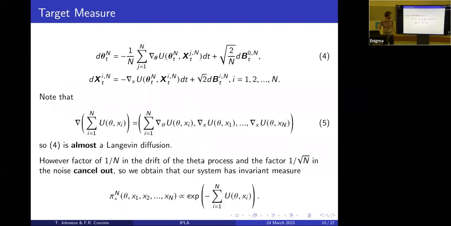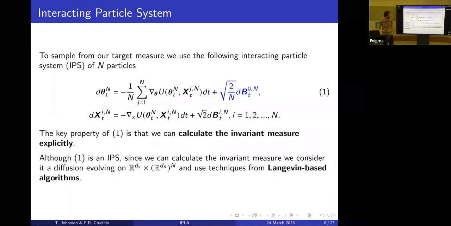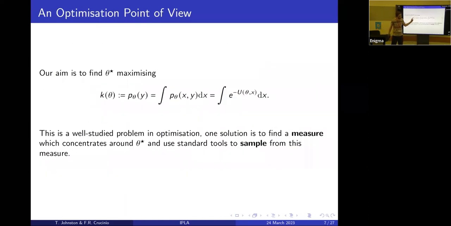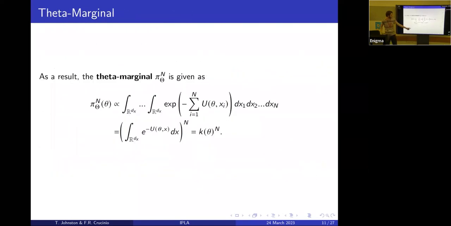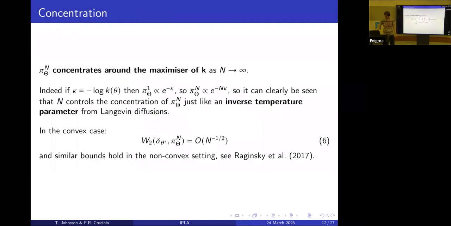Well, this is exactly what we were looking at before. We wanted to maximize this, so this is k of theta. So our theta marginal is proportional to k of theta to the n. And as n goes to infinity, this will concentrate around the modal points, which of course maximize k of theta. So for high n, theta concentrates around the maximizers of k as n goes to infinity.